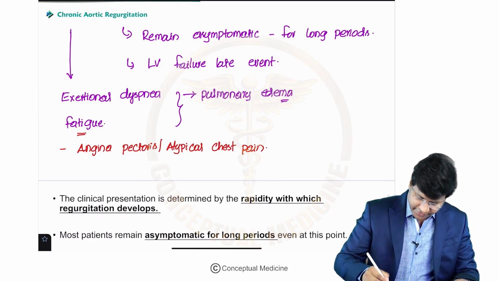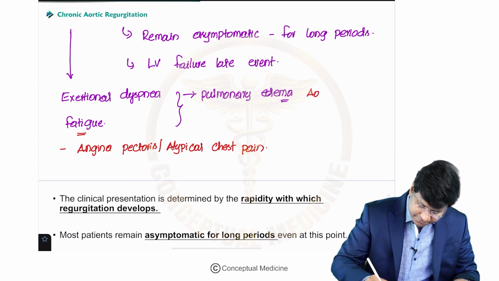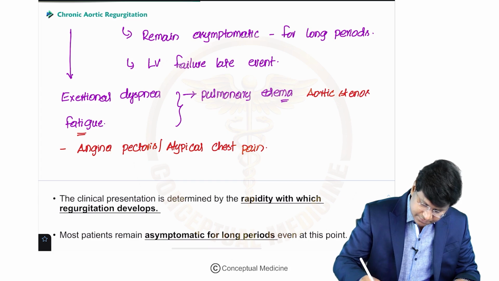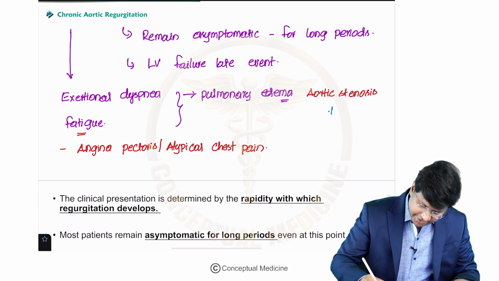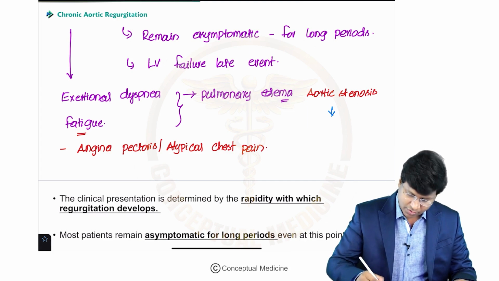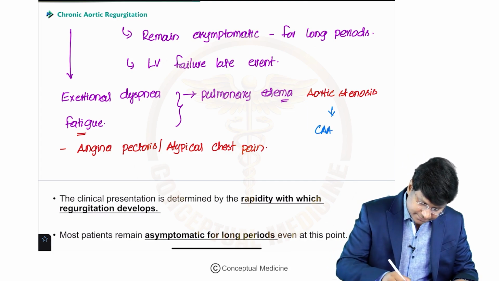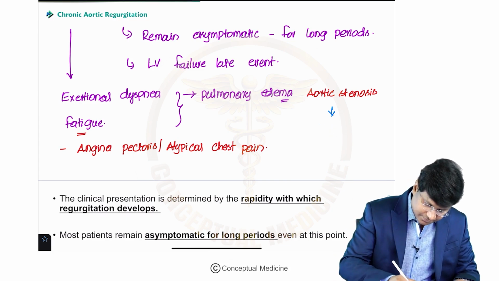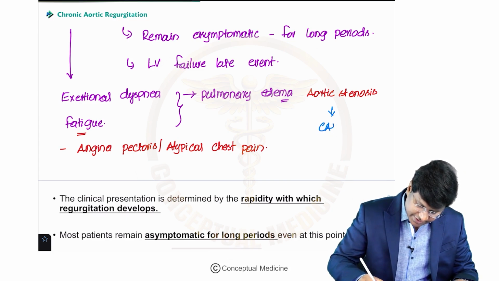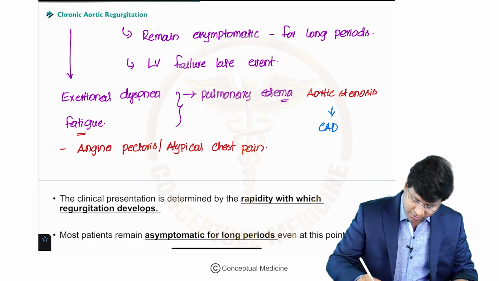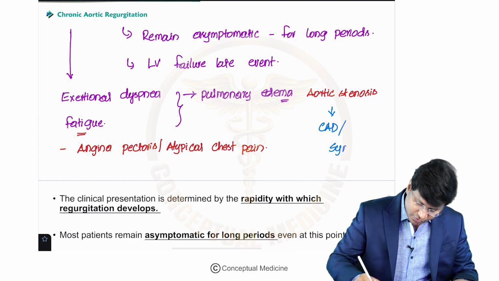In aortic stenosis, you have the presence of associated coronary artery disease, or there can even be a syncopal attack.